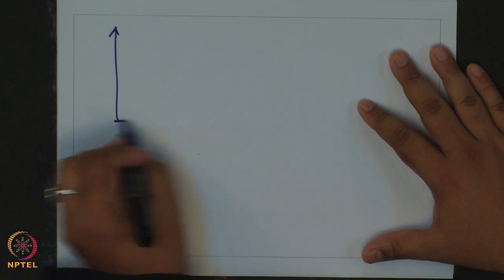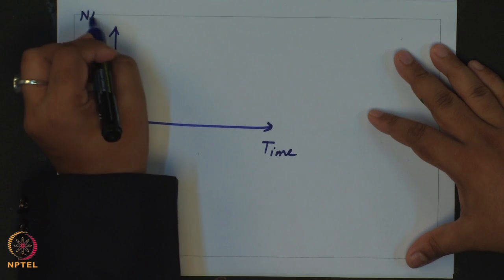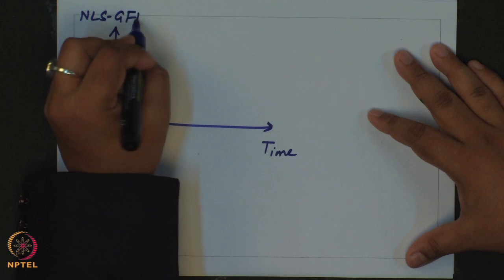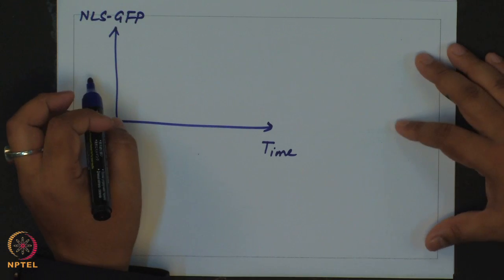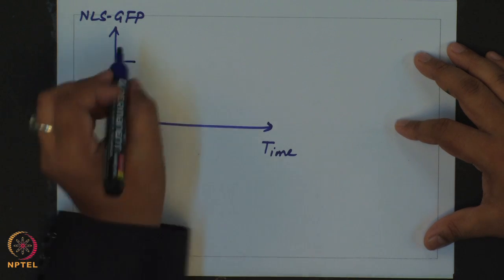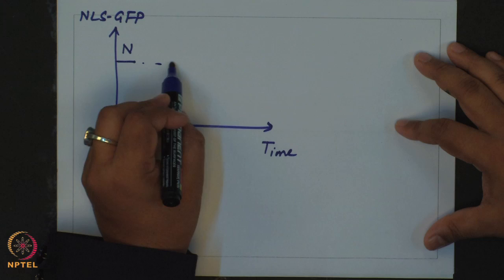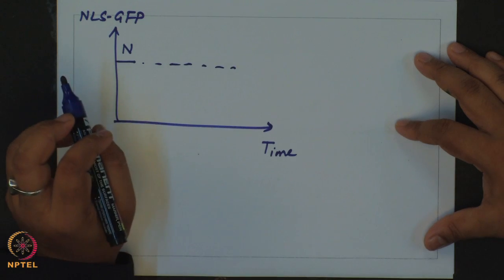So, as a function of time, they tracked NLS-GFP fluorescence in the nucleus and in the cytoplasm. Ideally, let us say this is the nucleus signal, it should be constant if the nucleus was never ruptured.